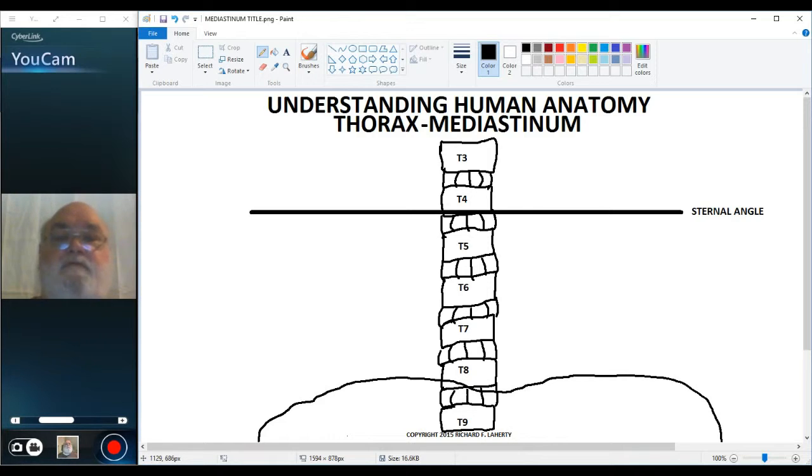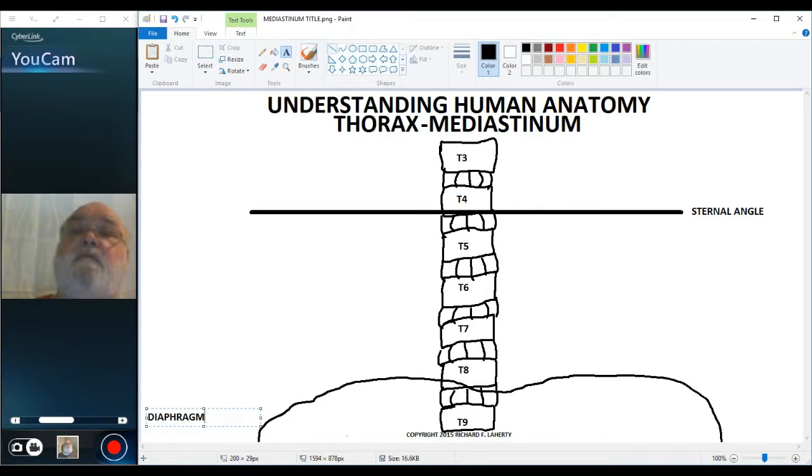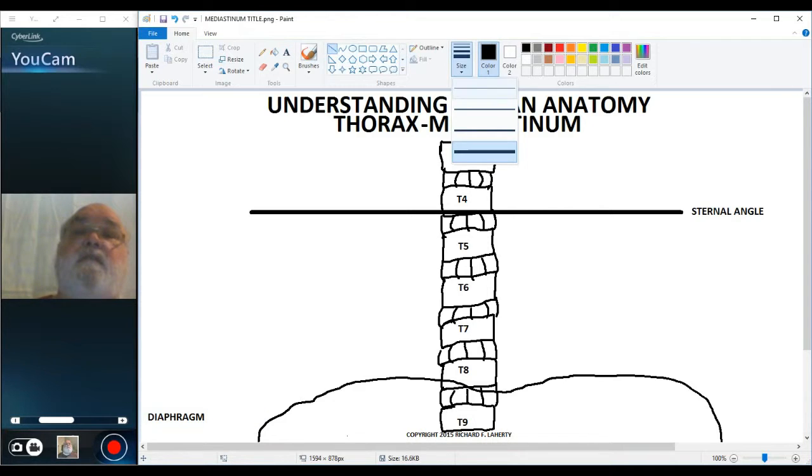So this is the diaphragm. And again, it's one of our boundaries.